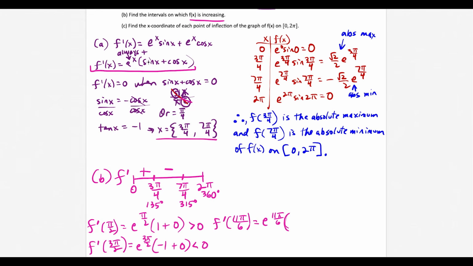So sine of 30 degrees is a half, but we're in quadrant 4, so this would be negative half, plus cosine, which is positive, and cosine at 30 degrees or pi over 6 radians is square root of 3 over 2. This is kind of like a tug of war, but radical 3 over 2 is greater than negative half. So I have a positive times a positive, and my last interval I can label as positive.